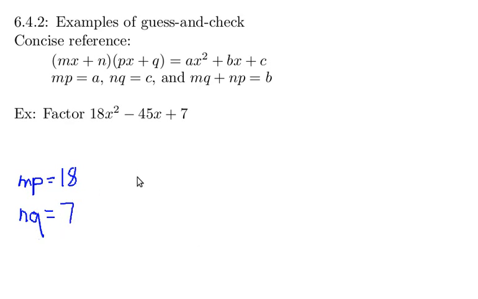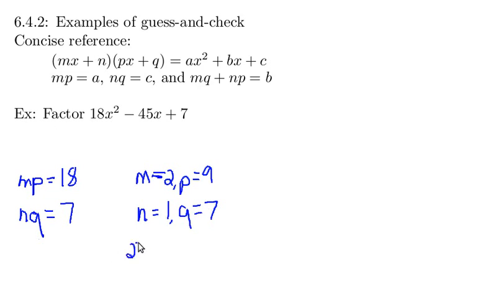So let's assume for a minute that m is equal to 2 and p is equal to 9. We might be in for a bumpy ride. This one might take a while since there's different ways that you can combine to make 18. So then n equals 1 and q equals 7. And that's just the way trial and error works. It can take a long time sometimes.